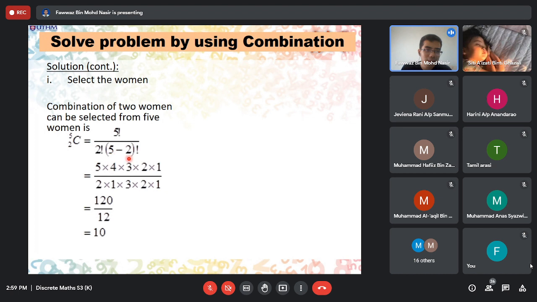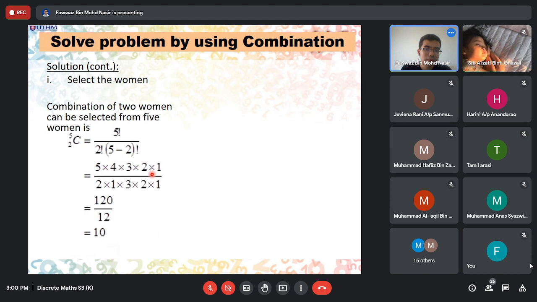Okay, dalam kes ni pun sama juga, kita pakai formula yang without repetition tadi. Okay, sebab by right dia tak boleh ada the same people yang occupy two different seats in the committee, right? So we use formula yang without repetition. So just substitute nilai dia. Okay, so you get 10 ways to select 2 women from 5 women.